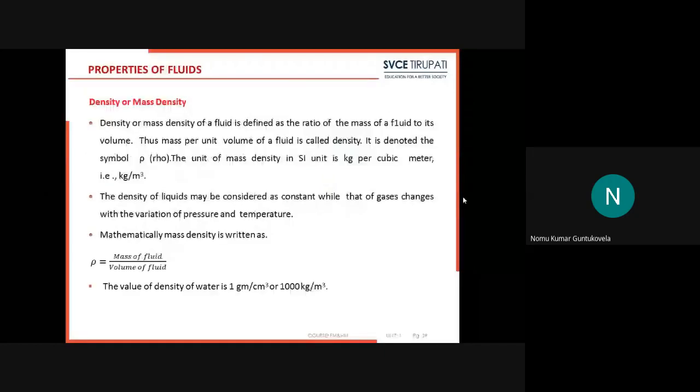See here. Basically, we have different types of properties. Those properties are mass density, specific weight, specific volume, specific gravity, surface tension, vapor pressure, compressibility, capillarity, viscosity, cohesive forces, and adhesive forces.